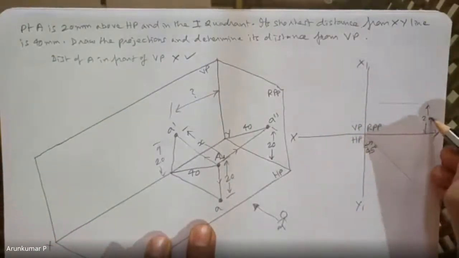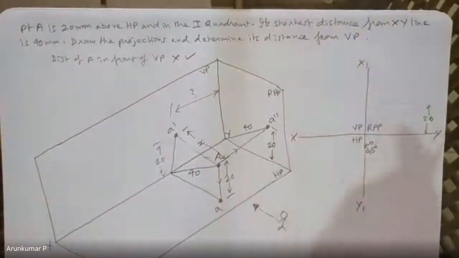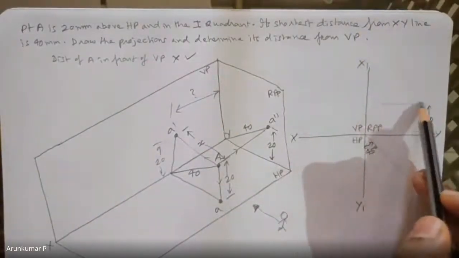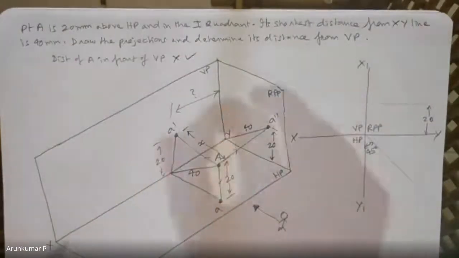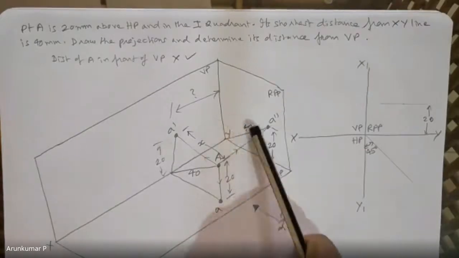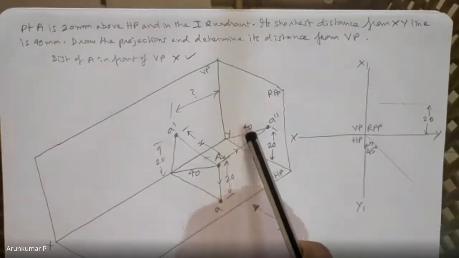But this in itself will not help me, because 20 mm above, A double dash can be anywhere on this line. What will help me to pinpoint its location? Shortest distance, 40 mm.